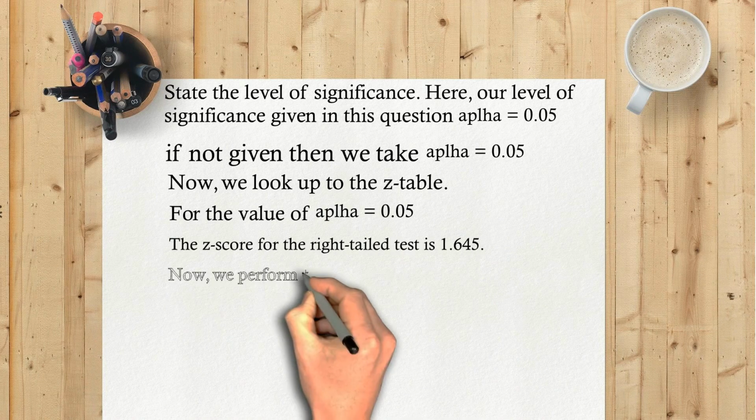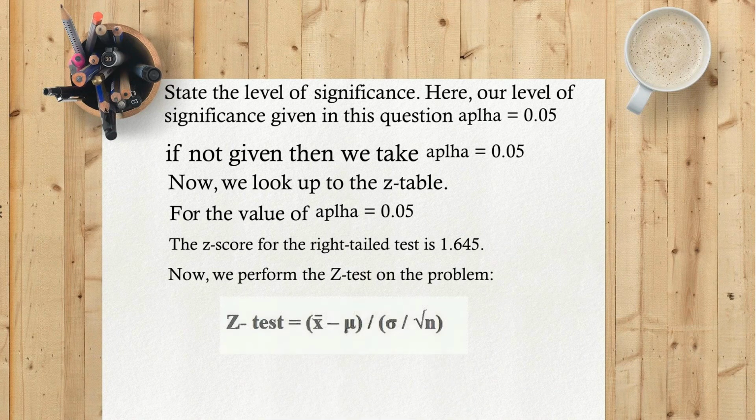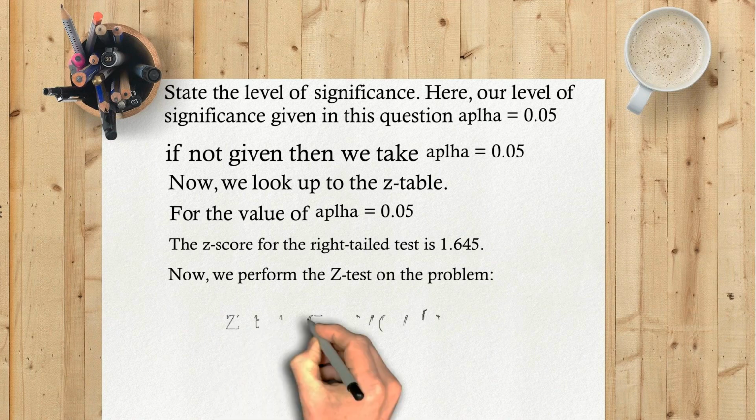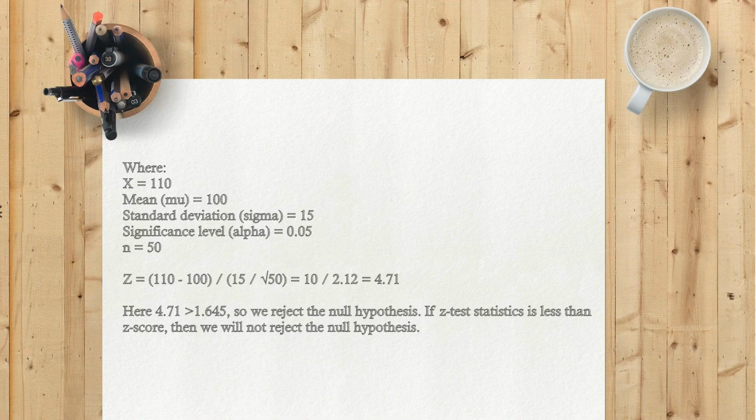Now, we perform the z-test on the problem. Z-test equals x bar minus mu, divided by sigma divided by square root of n. Where x bar equals 110, mean mu equals 100, standard deviation sigma equals 15, significance level alpha equals 0.05, n equals 50.